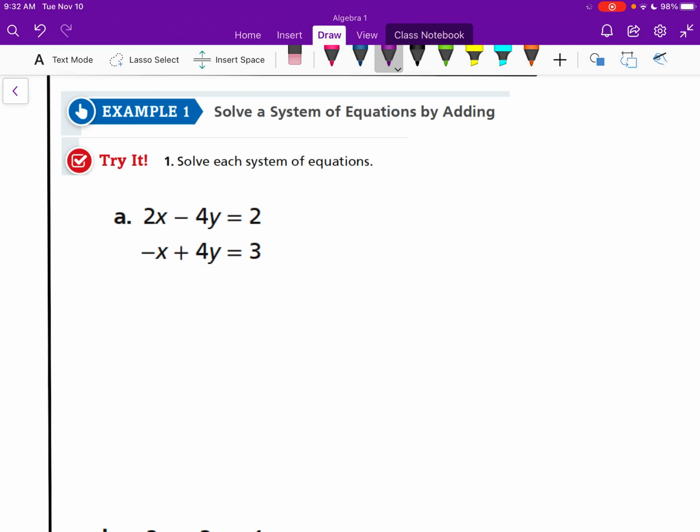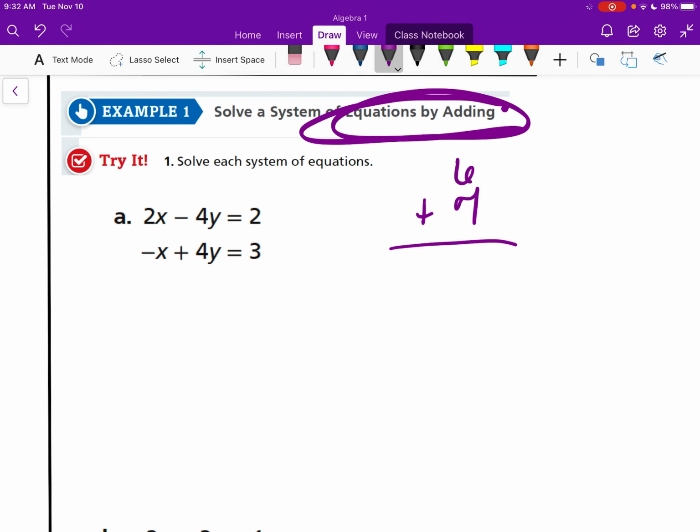So that is what we're going to do in this first example: solve these just by adding the two equations together. Think about it like when you first learned addition and you had something like 6 plus 7 and you stacked them vertically and added them. That's what we're going to do here with these two equations.